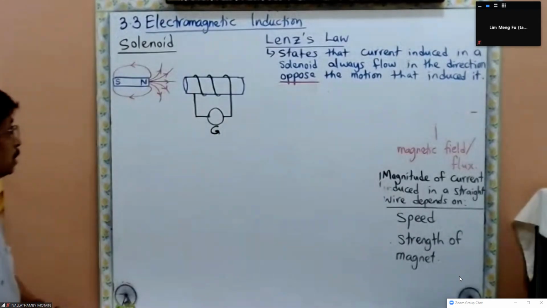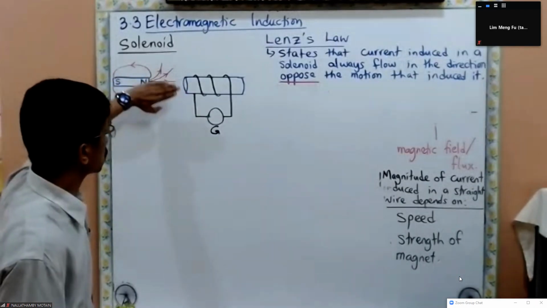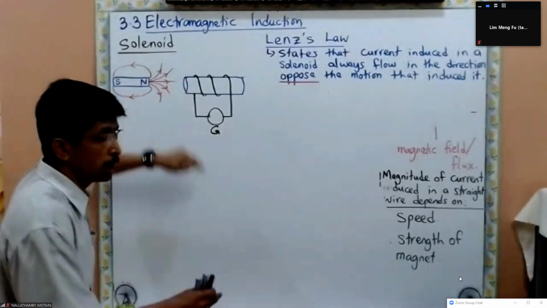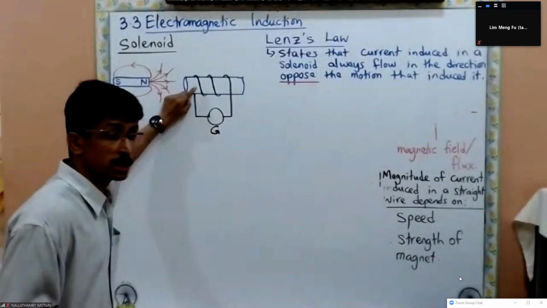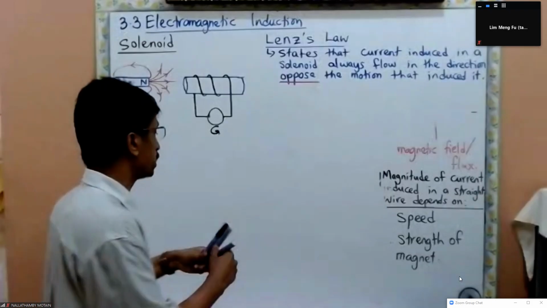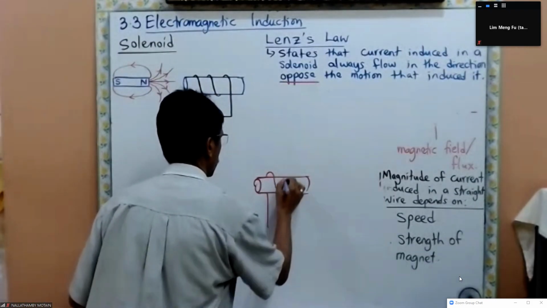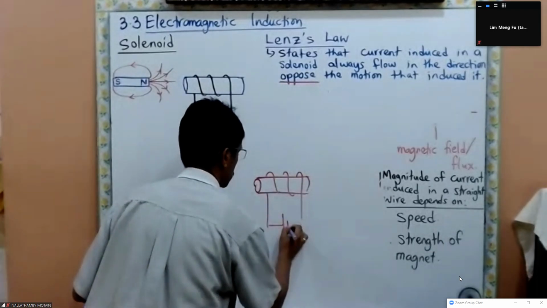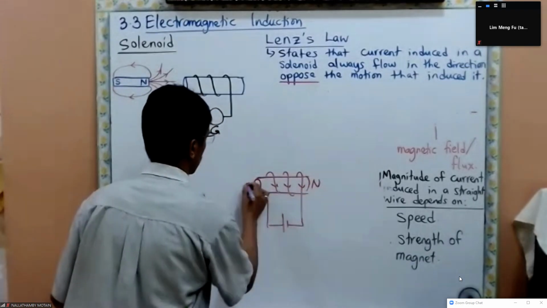Let's listen first, okay? So the movement of the magnet into the solenoid, what happens? It will induce current. That means the induced current, when the current flows, last time we already studied this. There is a solenoid, soft iron core. Let's say here we supply with the current flow. What happens? Here become north, over here becomes south, right?